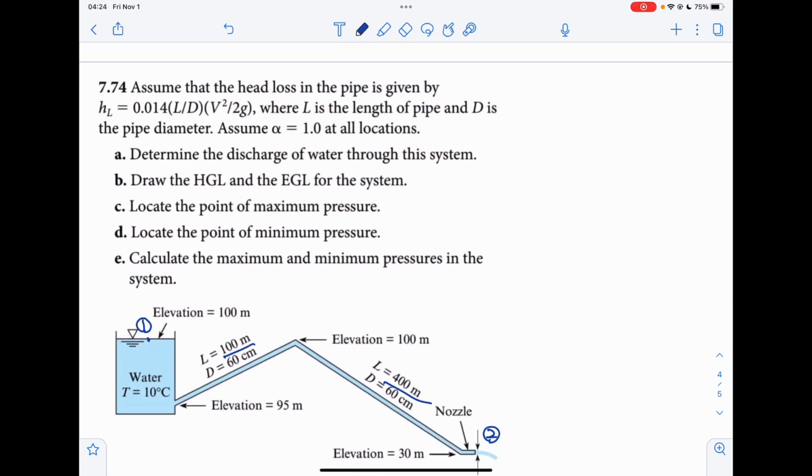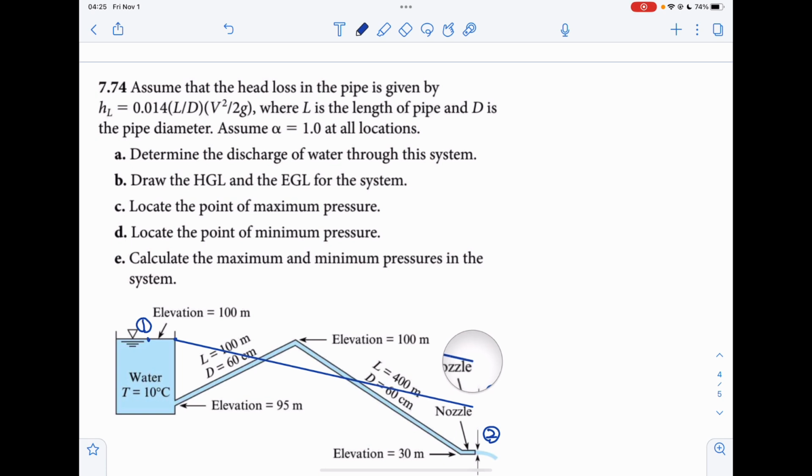And the next part of the problem is asking us to draw the hydraulic and energy grade line of the system. The energy grade line will start at the water surface here, and because the entire pipe is very straightforward, nothing is adding or subtracting energy.